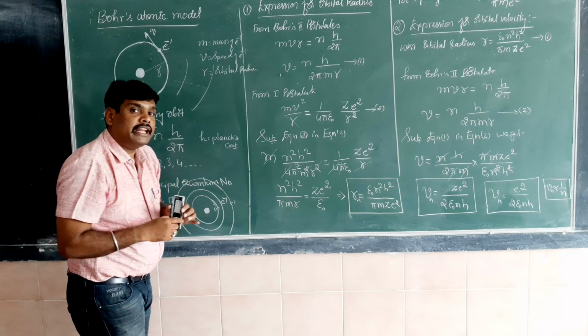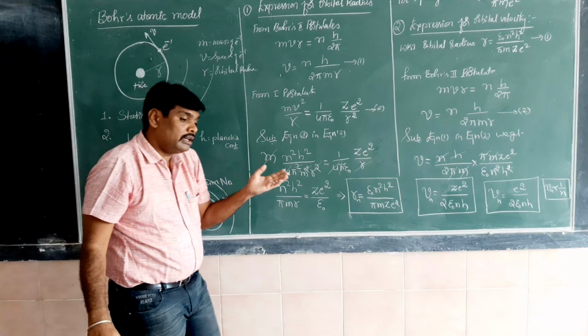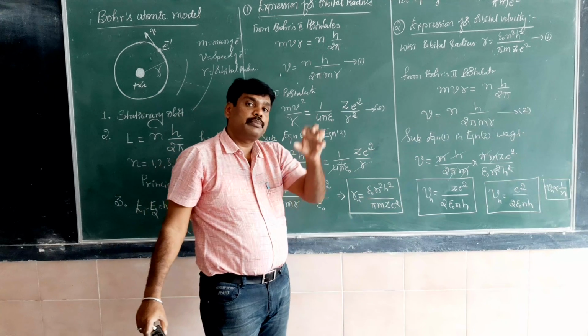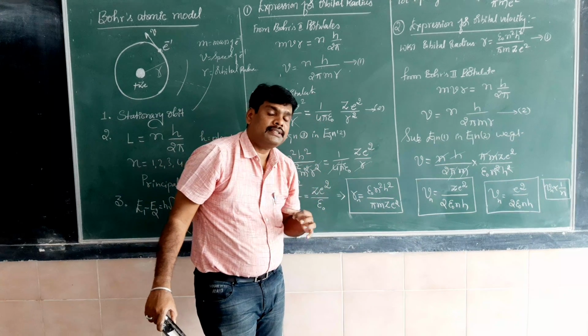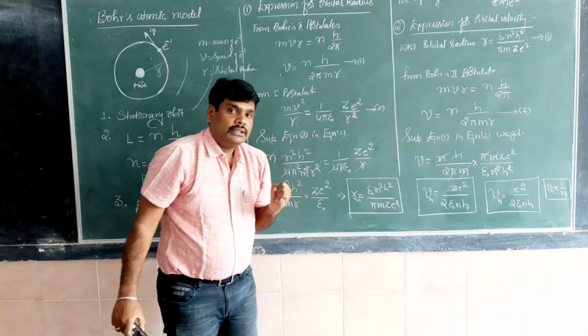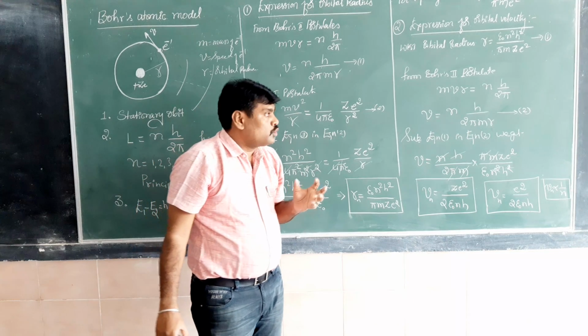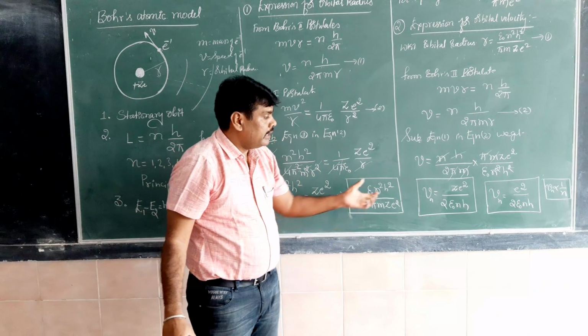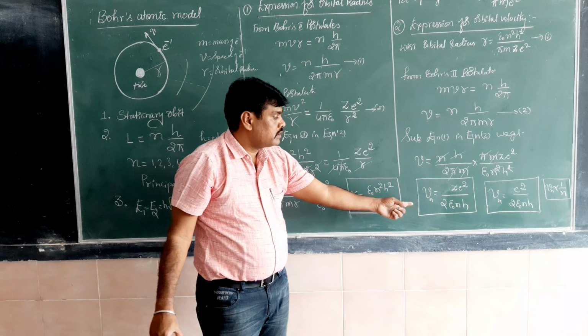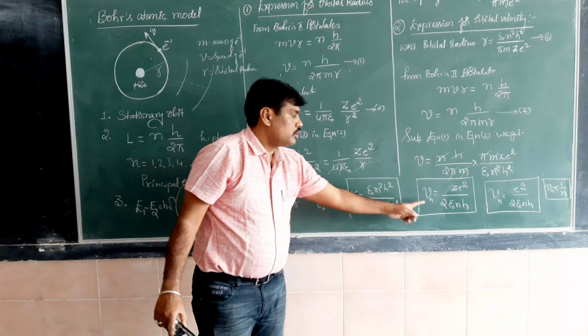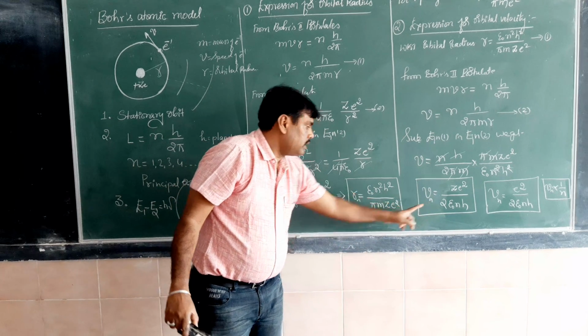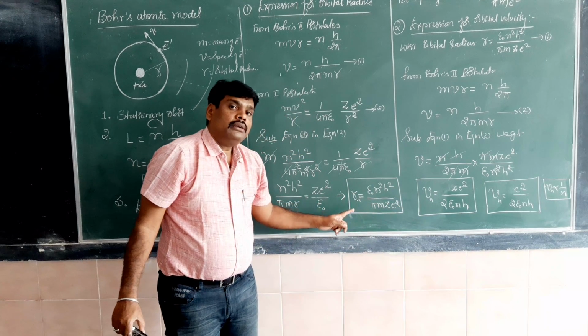It means if n increases, the orbital radius increases and the speed of the electron goes on decreasing. This is what Bohr wants to explain, and for that he has used these two equations: one for orbital velocity, another for orbital radius.